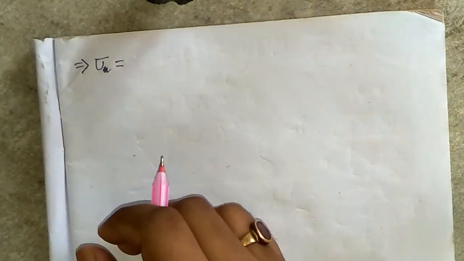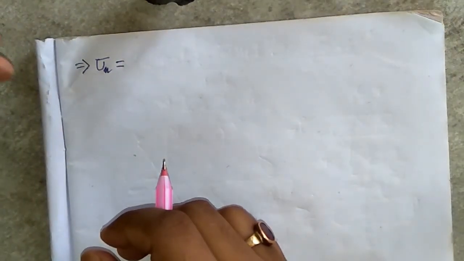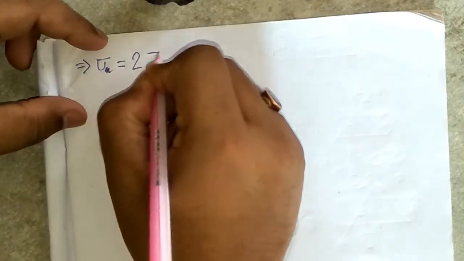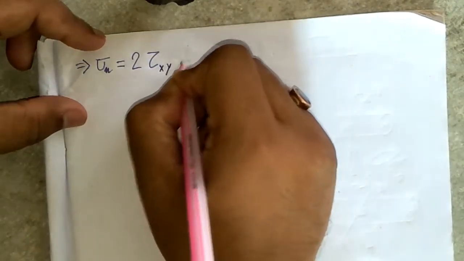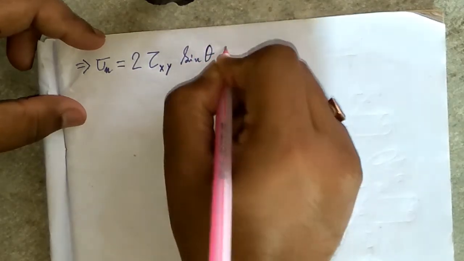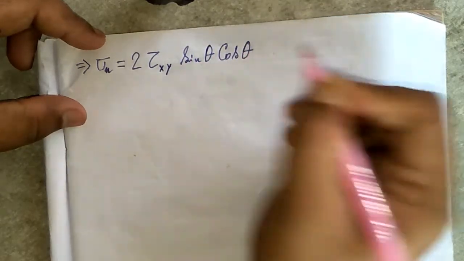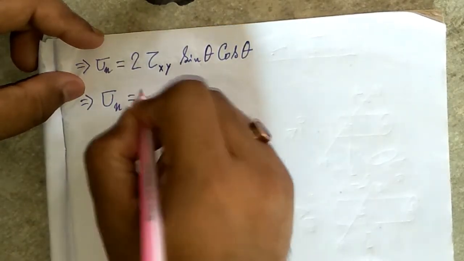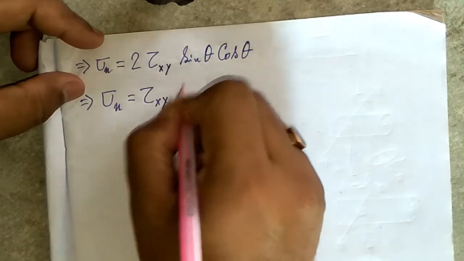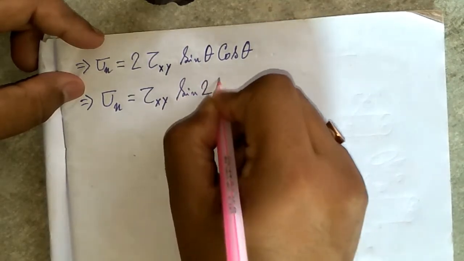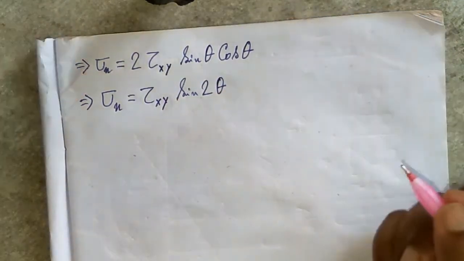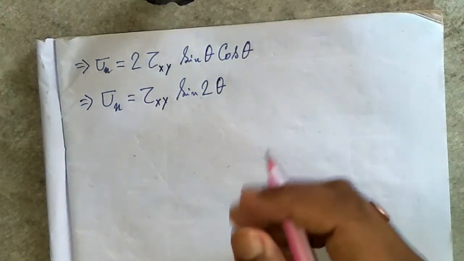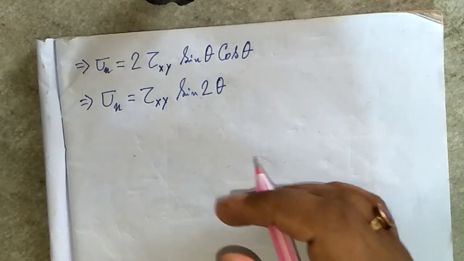The value of sigma n becomes 2 tau xy sin theta cos theta, or sigma n equals tau xy sin 2 theta from the basic trigonometric equation.